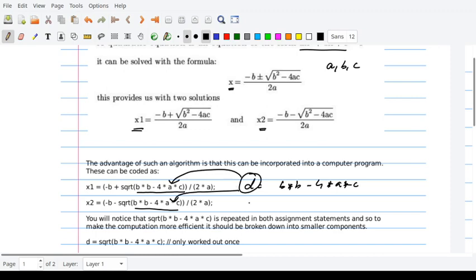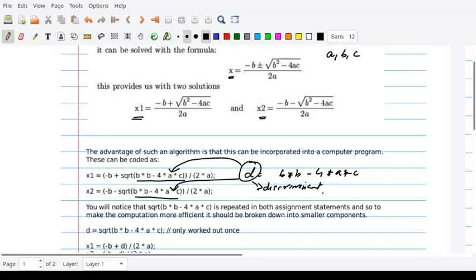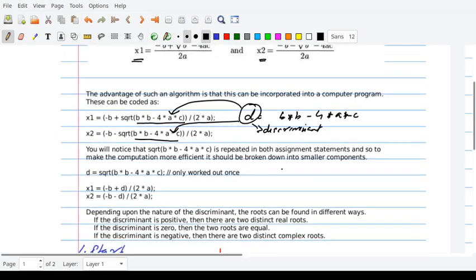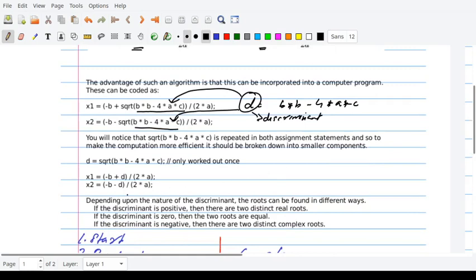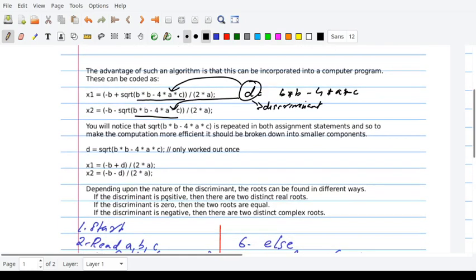So this d is actually what is called the discriminant. Based upon this discriminant, your solution for the quadratic equation will appear in three ways. Suppose your discriminant is positive, then there are two distinct real roots.